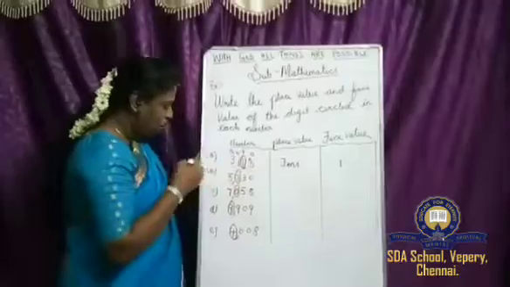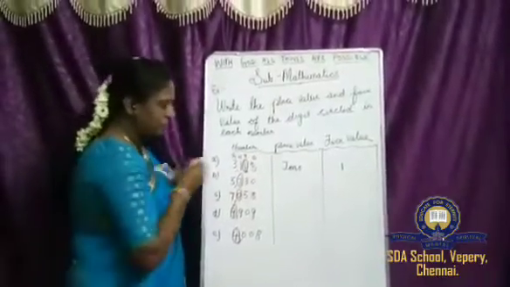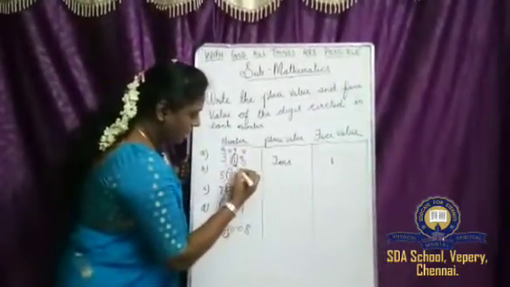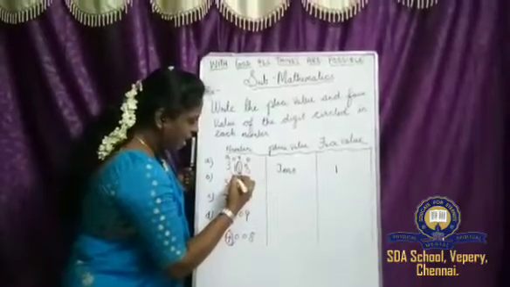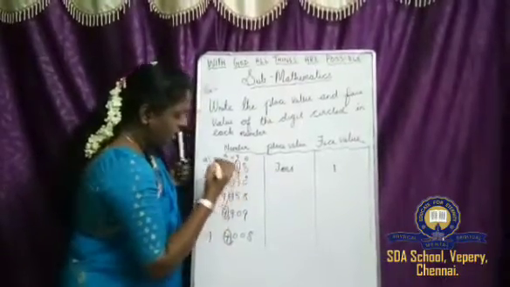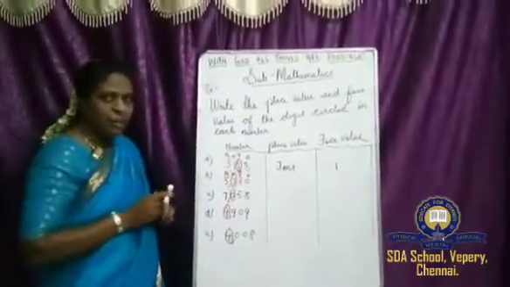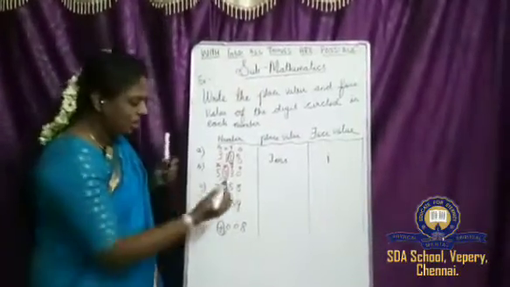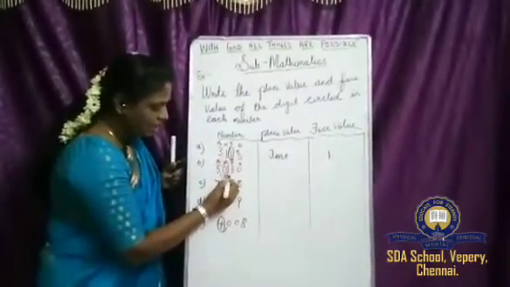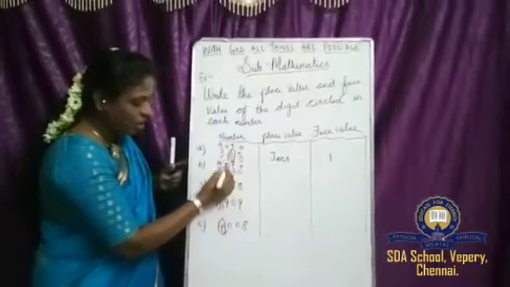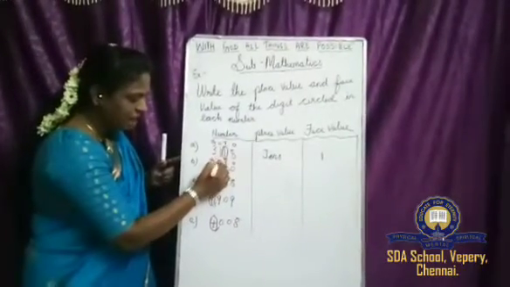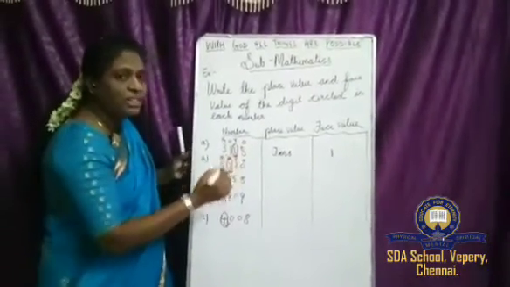Again write the place values: ones, tens, hundreds, thousand. Here the circled number is what? 3. The circled number is 3. The place value of the circled number is hundreds.